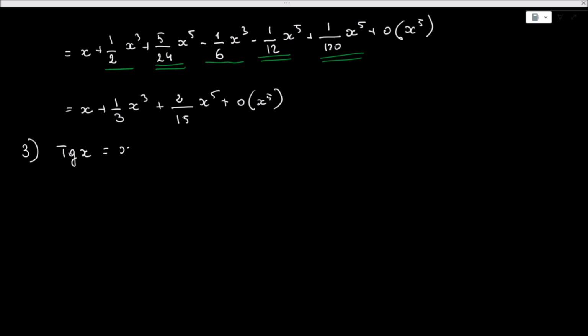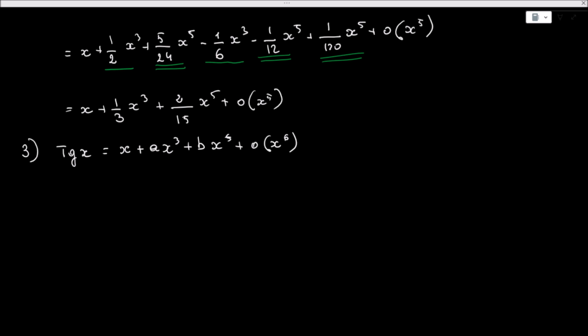So it will be something like x plus a x to the cube plus b x to the fifth. Let's say that we stop at the fifth order, so we have little o of x to the sixth. Now the problem is, how can we determine a and b?